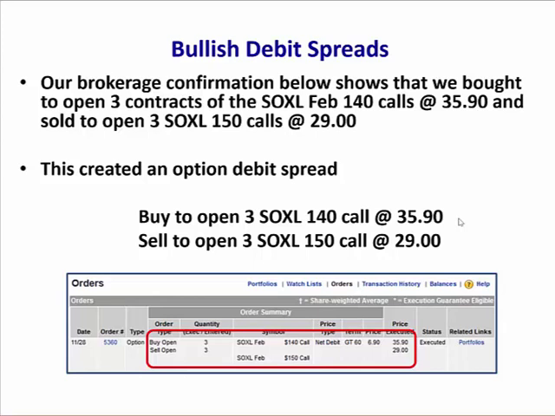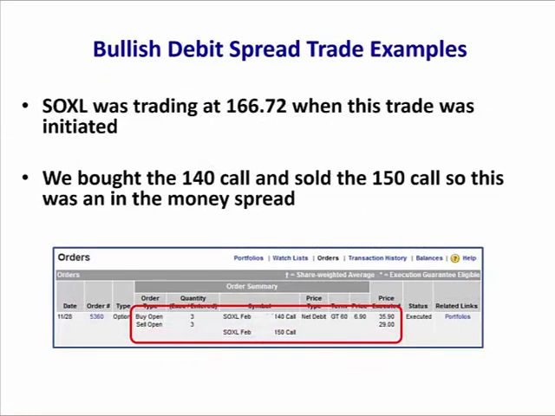So this was what they call a simultaneous entry, with the entry into the long and the short call simultaneously. SOXL was trading at 166.72 when we took this snapshot, and we bought the 140 call and we sold the 150 call. So that was an in-the-money spread as the strike prices were less than the current stock price.